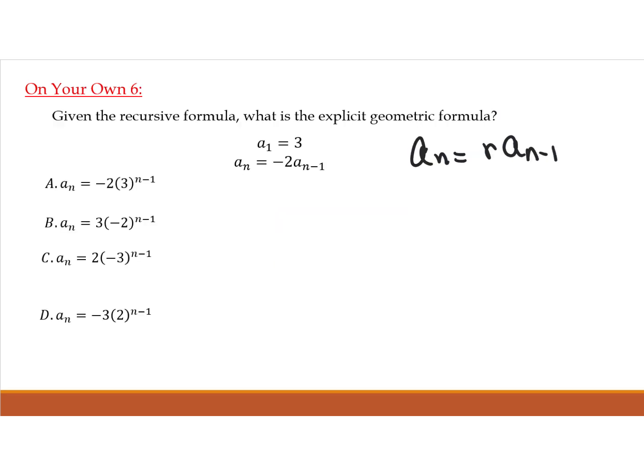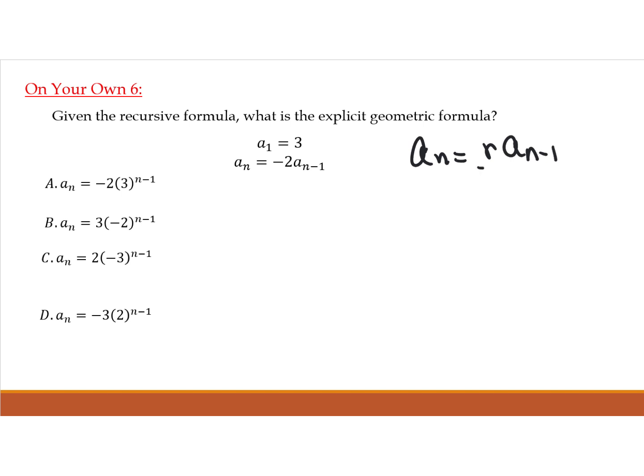All right, we are asked to find the explicit geometric formula if we are given the recursive formula, and to the side I have written what your form is for the recursive formula.